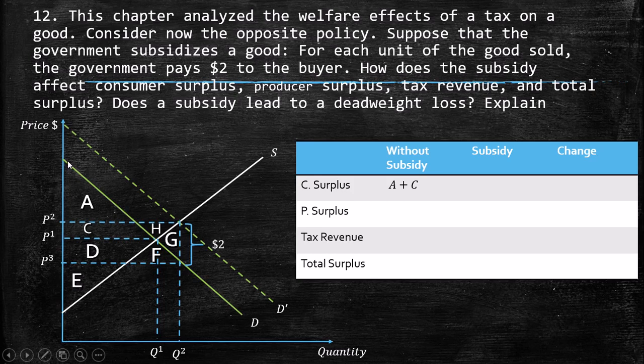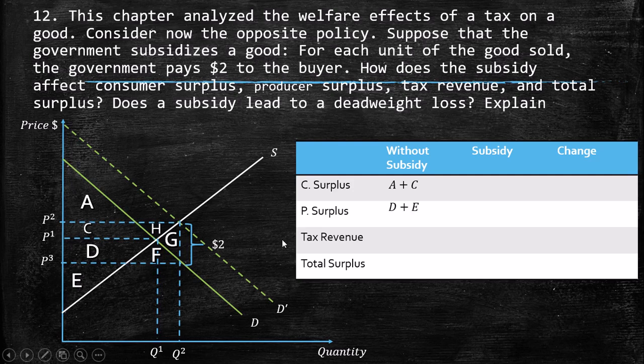Remember that all people along this curve were willing to pay even more in order to have one unit of the good, but instead of paying a price larger than P1, they will buy at the price of P1, so it's kind of a saving. So it's AC.